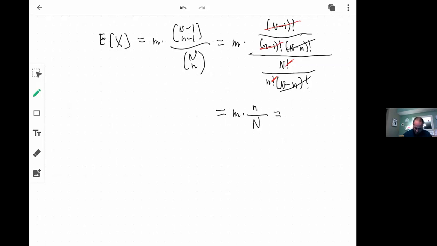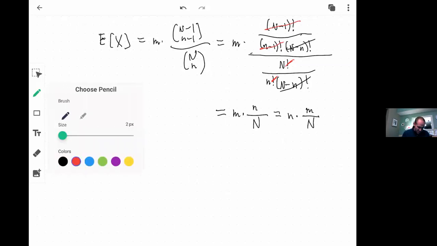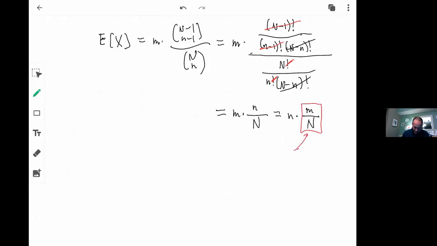Which, by the way, is just n times m over N. And that kind of makes sense when you think about it, because m over big N is the proportion of good in the urn. I'm doing a sample of size n.